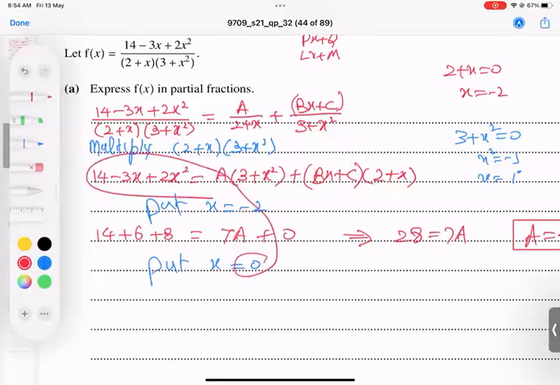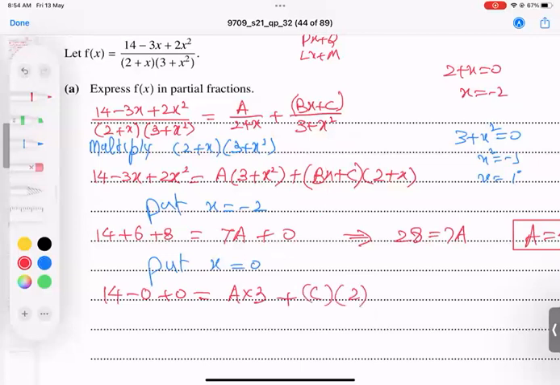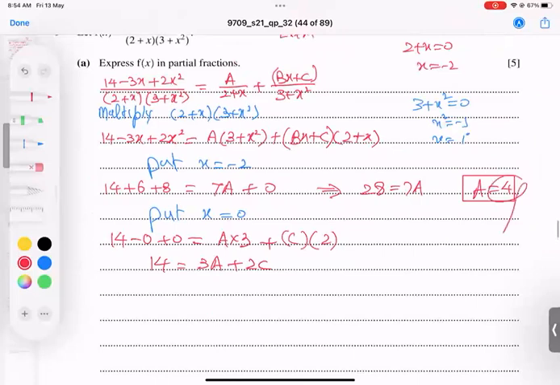When I put 0 in the whole equation, what happens on the left hand side? 14 as it is, minus 0 plus 0. When you put 0 here, it's gone. So A times 9. When you put 0 here, C is left in the bracket and 2 is left in the bracket. So now this A value will come here.